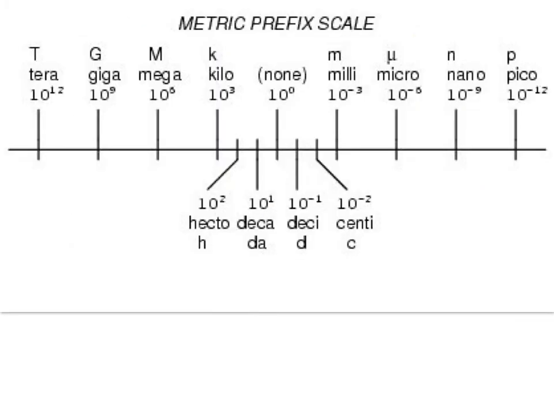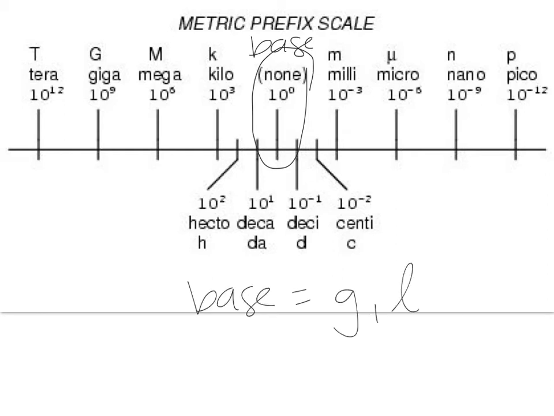So like we said, we're going to use these prefixes. So usually what I want you to think about is everything compared to the base. So this is what we call the base. This is going to be things like grams, liters, meters, right? I want you to think of the base, okay? And then we're going to compare everything to the base.